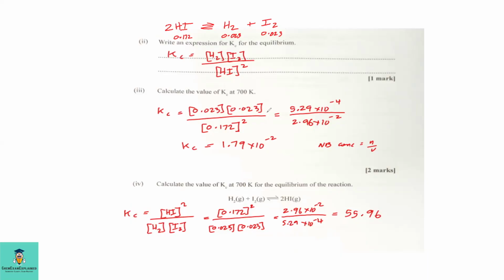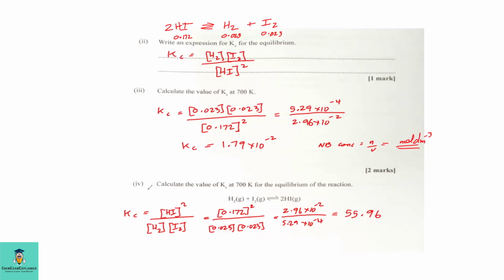So all we'll do now is plug those values into the expression and we'll get our answer. In this case, Kc equals 1.79 times 10 to the minus 2 once you plug the values in and calculate it. Please remember again that these values are not moles because they are divided by a certain volume. Concentration is moles divided by volume, which gives us a unit of moles per dm³.